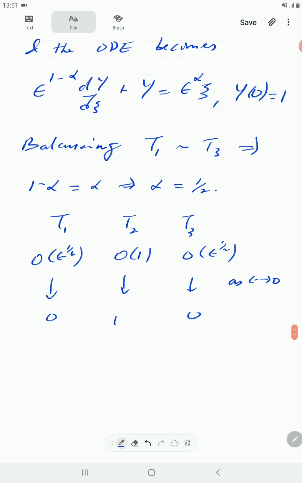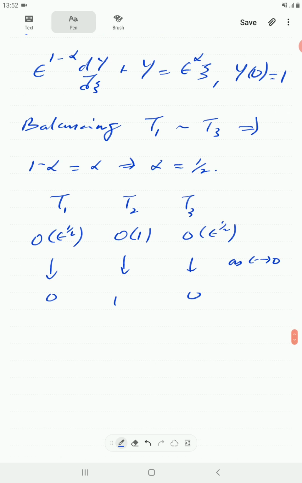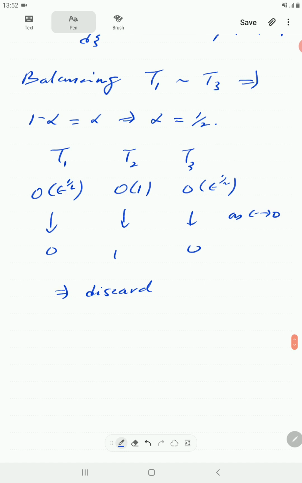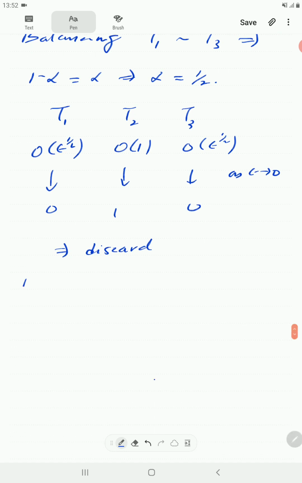Now, distinguished limits demands that the terms we balance must dominate the rest of the terms in our equation. In this case, we can see that the terms we have balanced are actually being dominated by the third term. So we're going to have to discard this; the value of alpha is half cannot give us our distinguished limit.